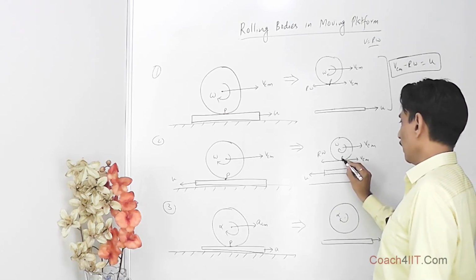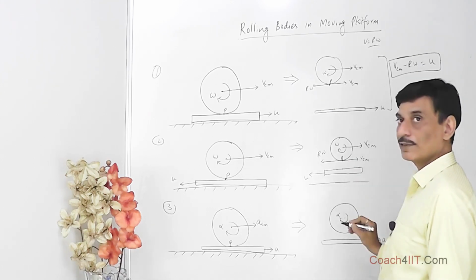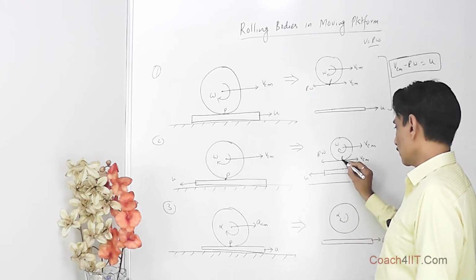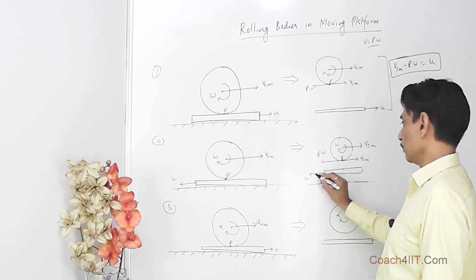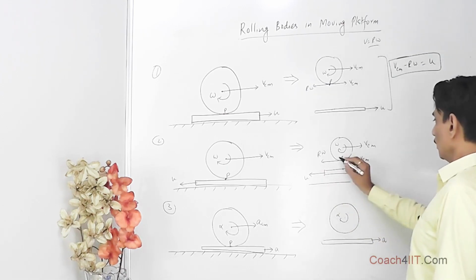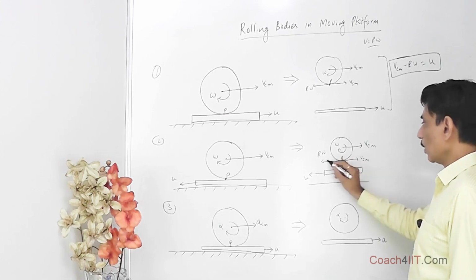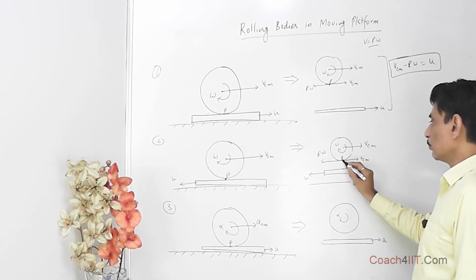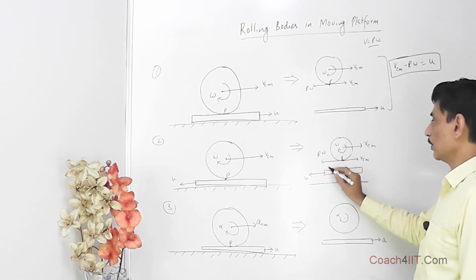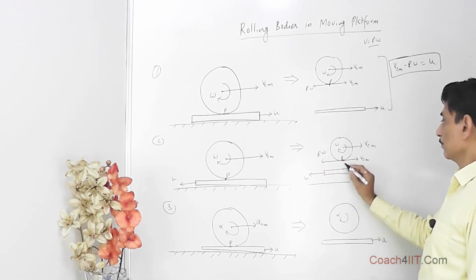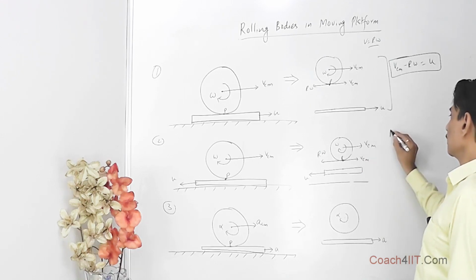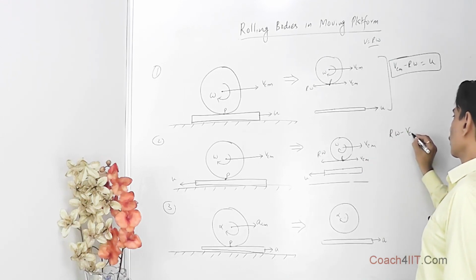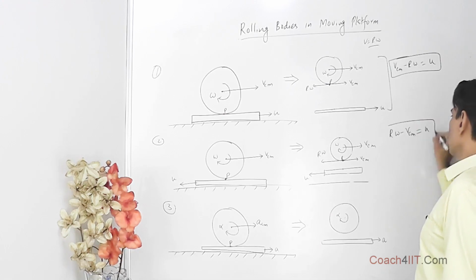Ultimately this point is stationary with respect to the platform point at that instant, so it should have the same velocity as u. So in this case r omega should be greater than vcm, because the net velocity of this point should be in this direction and equal to the velocity of the platform itself. So r omega minus vcm should be equal to u.